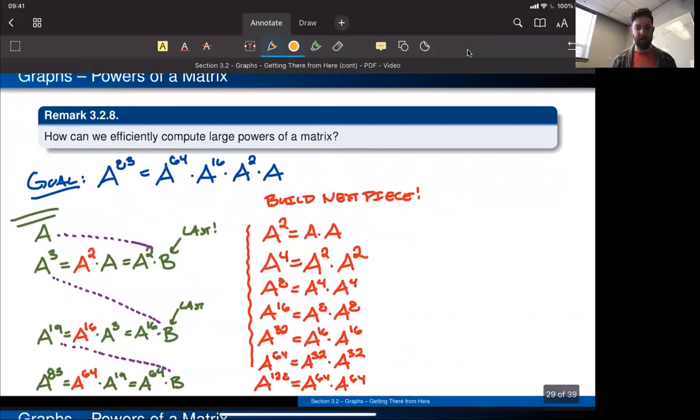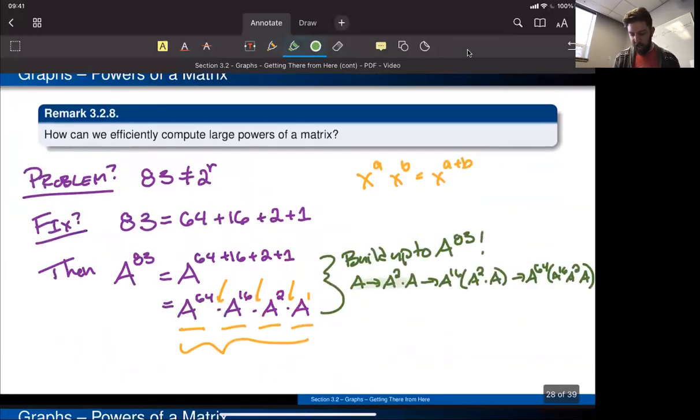There are a couple of other delicacies we need to look into, basically how we're actually going to implement this. The implementation is going to be this kind of back and forth structure. I'm going to start with the smallest power inside of that a to the 83rd, which is the a to the 1 term, this very far right thing. And then I'm going to sprinkle in the a squared, then the a to the 16th, then the a to the 64th, which is exactly what this little chain was trying to represent.